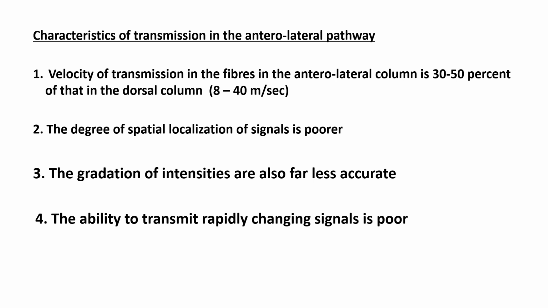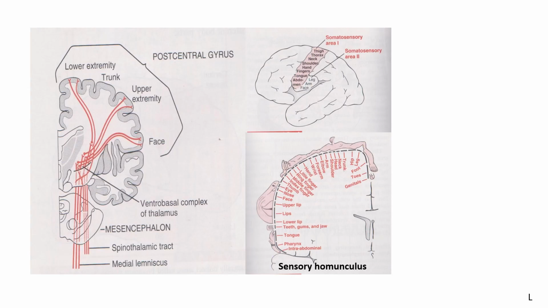Now that the signals have reached the somatosensory area of the brain, how do they localize the site of the sensation? How do we know where the sensation is coming from? This diagram depicts that very nicely for you. Mainly, that's what I said in my earlier talk, the law of projection, and also the labeled line principle. So you find sensation of pain will be carried by special fibers.